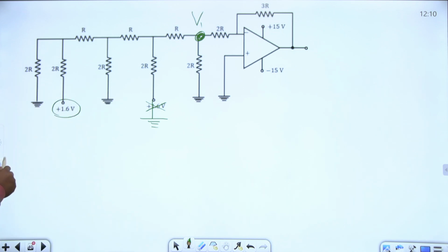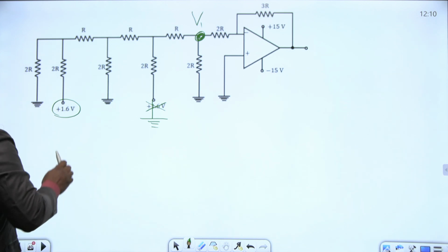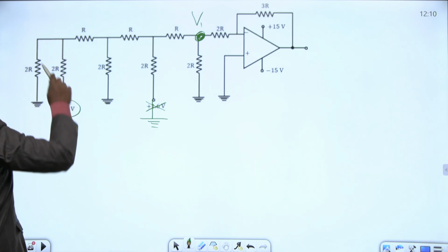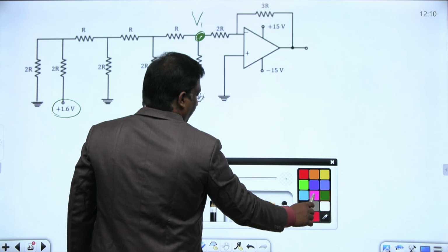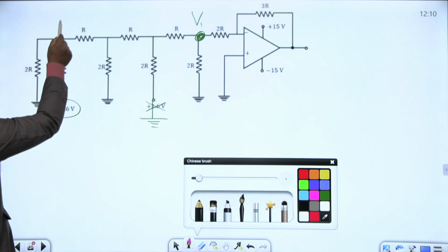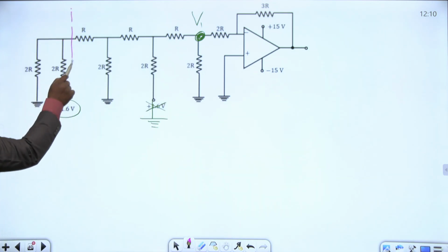Right now, let us try to simplify this network, talking about Thevenin resistance. Everyone notice, I am talking about this part of the circuit.